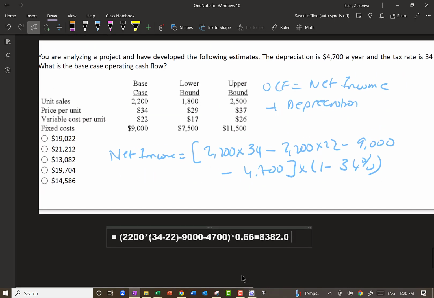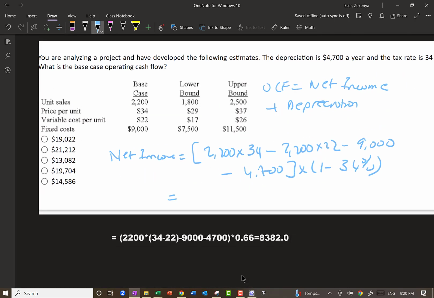So net income is 82. OCF is gonna add the depreciation, so that's gonna be 1382. Right there.